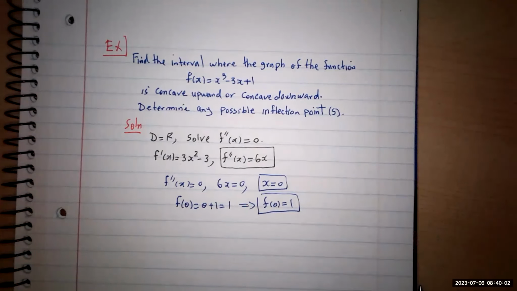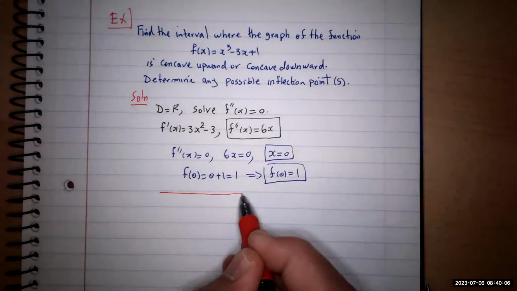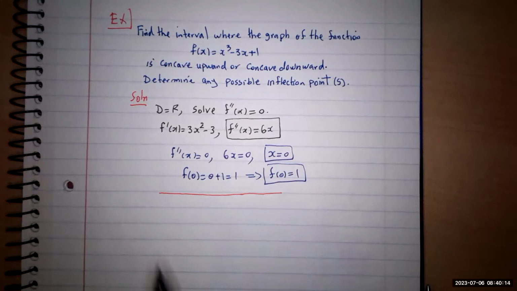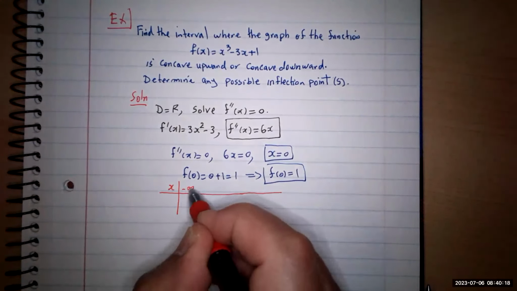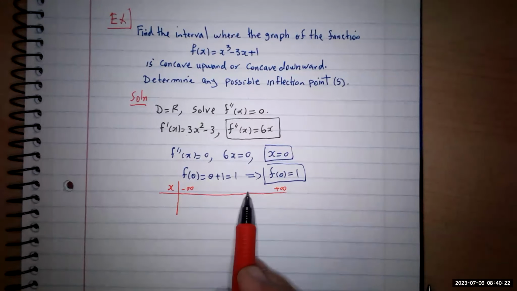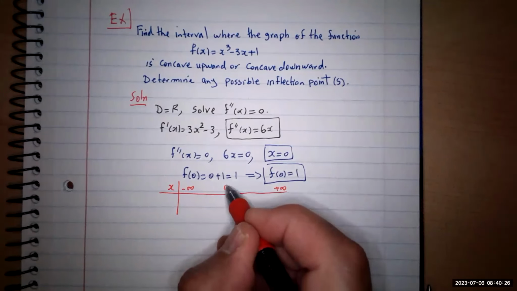Okay, so chart. Remember, this is the second chart. The first chart that we talked about was the chart for increasing and decreasing, and this is the chart for concavity. So x goes from negative infinity to positive infinity. You put your possible inflection point, x equal to 0. You have only one 0 to check.